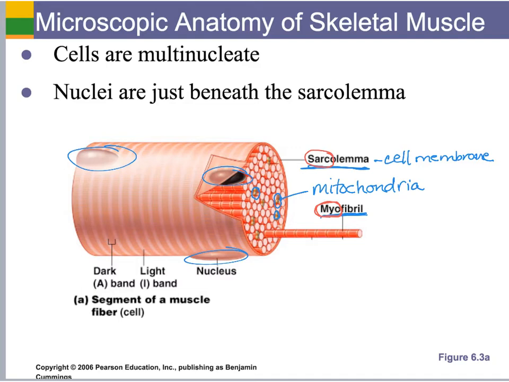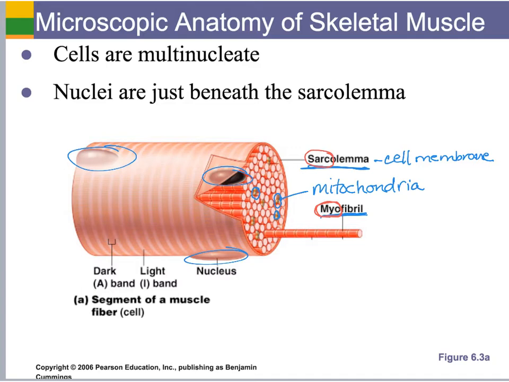So we have the muscle fiber here. The outside of the muscle fiber is the sarcolemma, serving as a cell membrane. You can see those nuclei scattered around there, pushed out to the outer parts of the muscle fiber, the mitochondria, and then this myofibril.